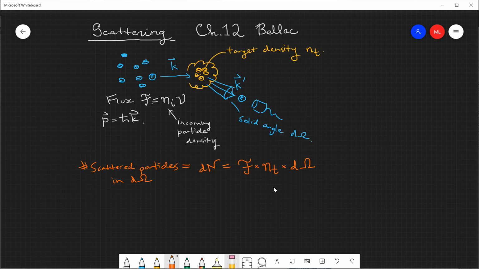And then there's going to be a constant of proportionality that actually gives you the number, and the constant of proportionality is called the differential cross section. And this is the important thing that we'll need to calculate with quantum mechanics.